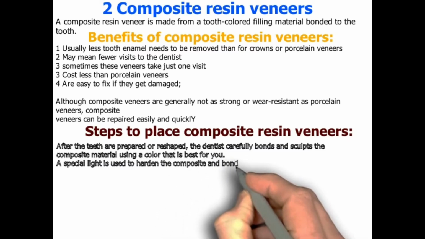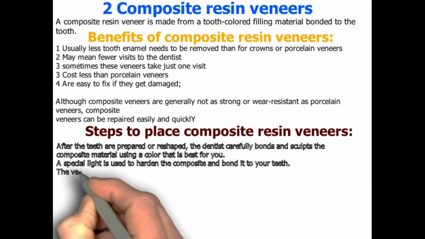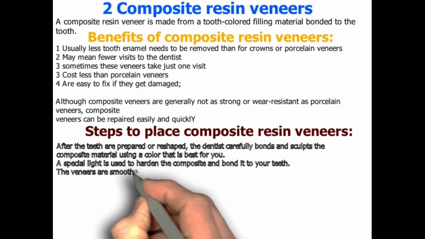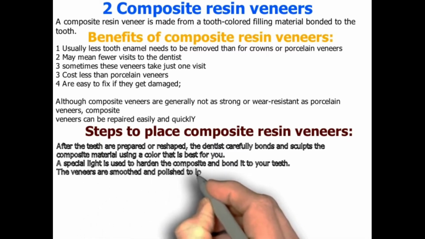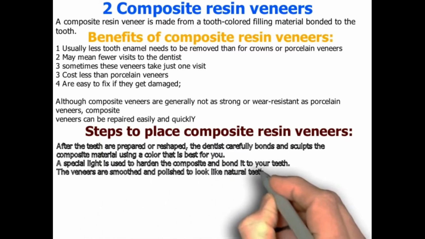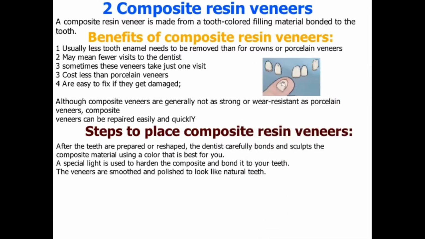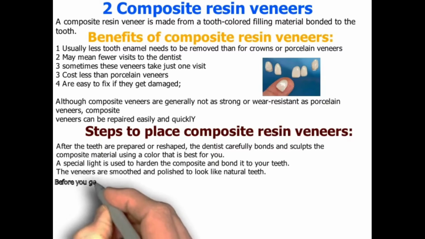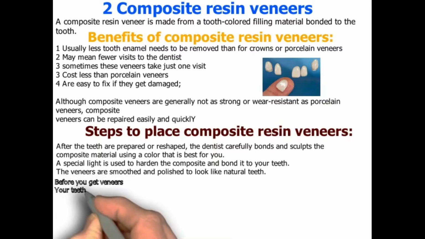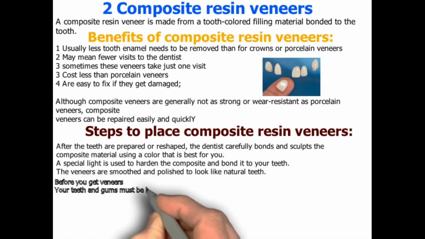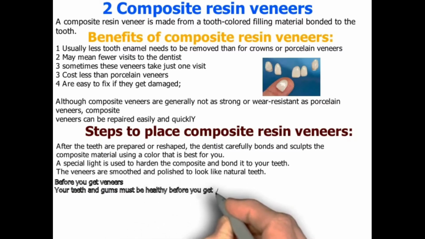A special light is used to harden the composite and bond it to your teeth. The veneers are smoothed and polished to look like natural teeth. Viewers, in this picture you can see composite resin veneers.